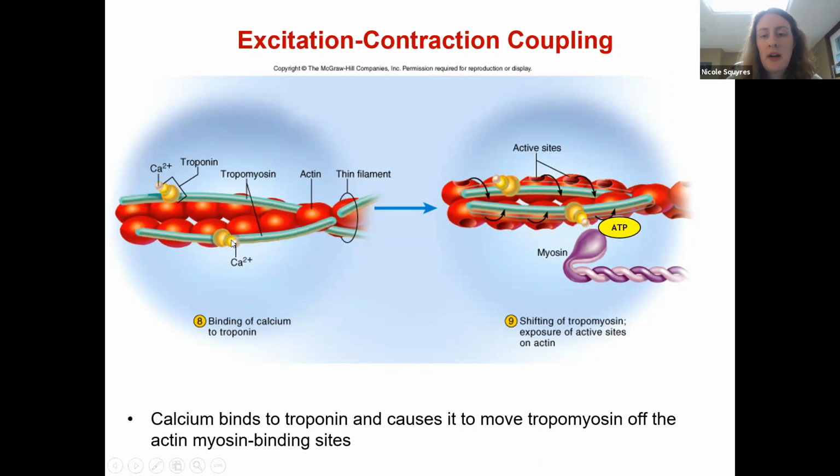And when calcium binds, it's going to cause troponin to change shape, which is going to cause the tropomyosin to be moved off of the myosin binding sites on the actin molecules. So now these binding sites are open, which means that myosin is going to be able to bind to actin. Okay, so that's sort of the ultimate result of releasing calcium into the cell.